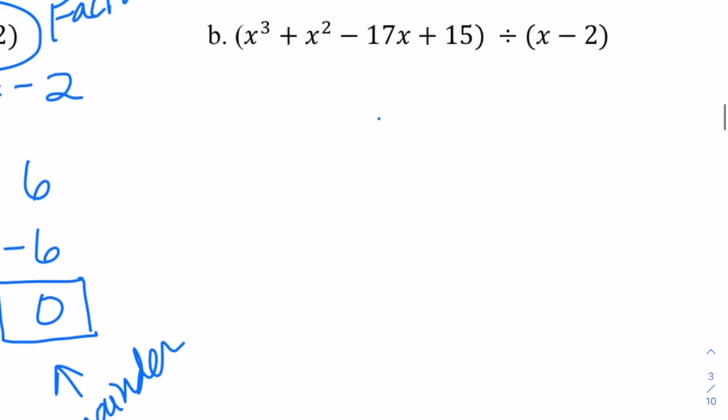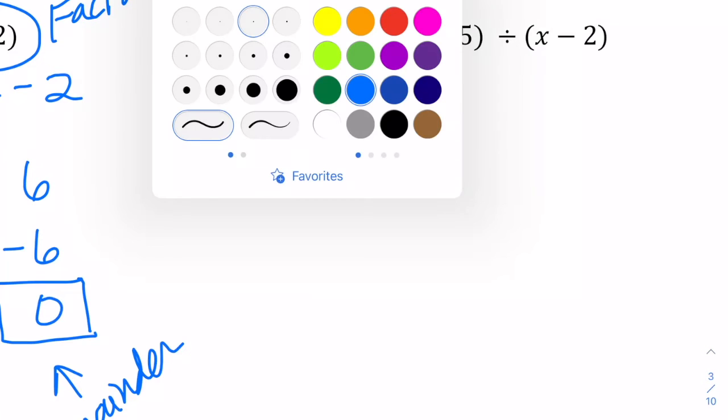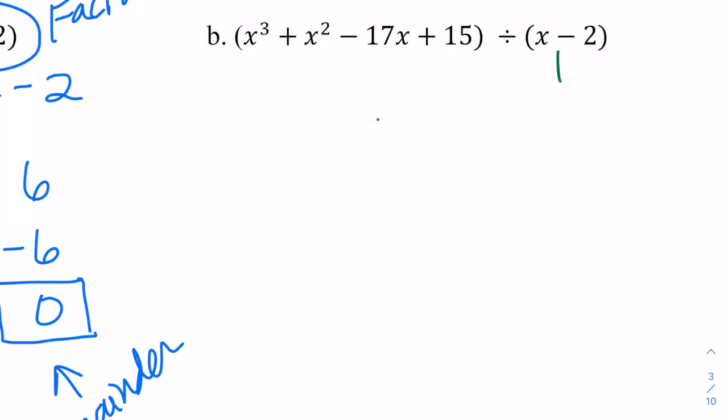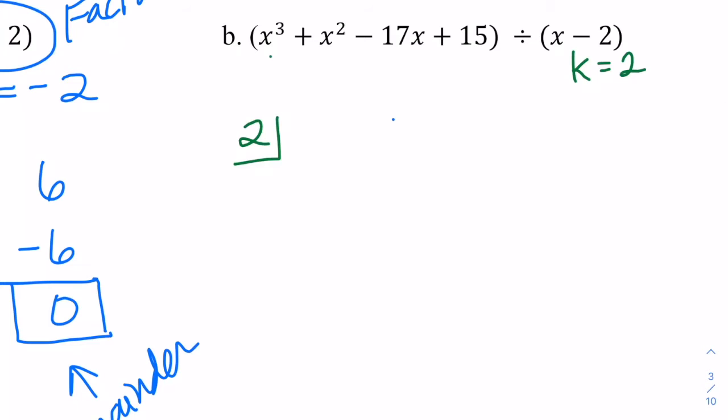For the next one, we have 2 is going to be our k. I'm just going to use a different color so they don't go together. So I'm going to put 2 in the box, the multiplier box, and then I'll put the coefficients. We have degrees 3, 2, 1, 0, nothing's missing. So it's 1, 1, -17, and 15.